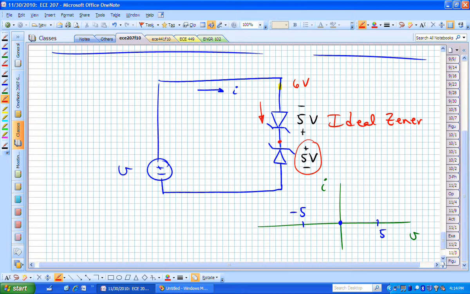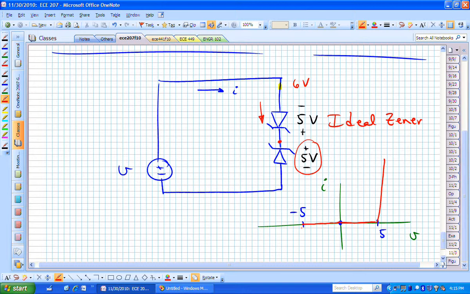And if it's an ideal diode, it would be 0 if it's forward biased. It is forward biased because its anode is more positive than its cathode. If that's the case, it's going to want to go up like that. It's not going to do anything until it gets to 5. Now suppose V becomes negative. Nothing is going to happen until V becomes more negative than 5.